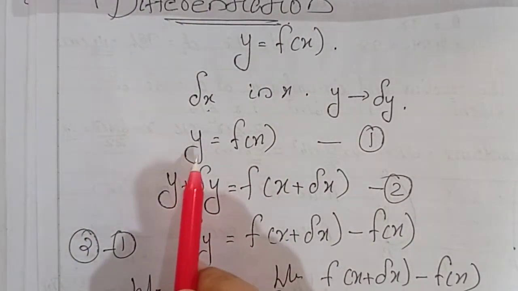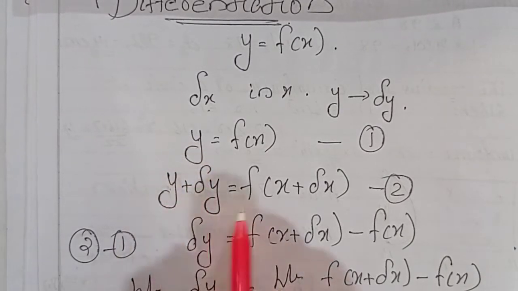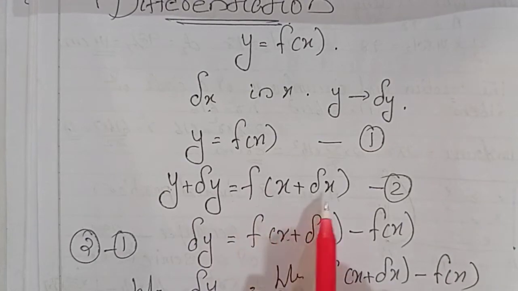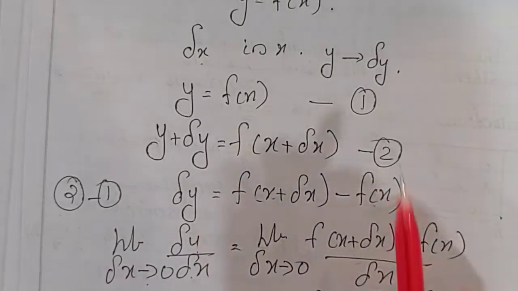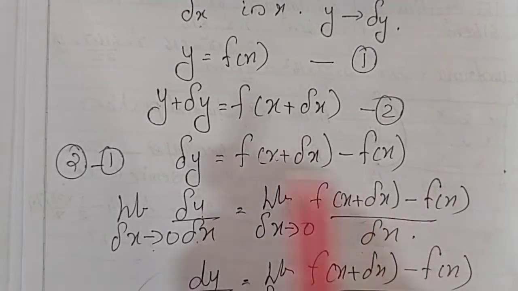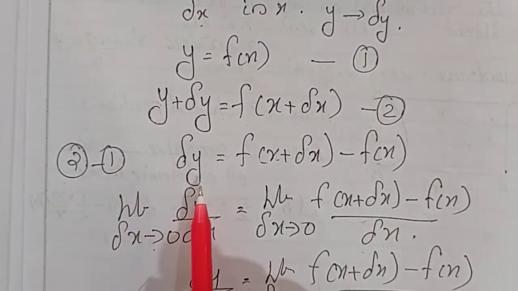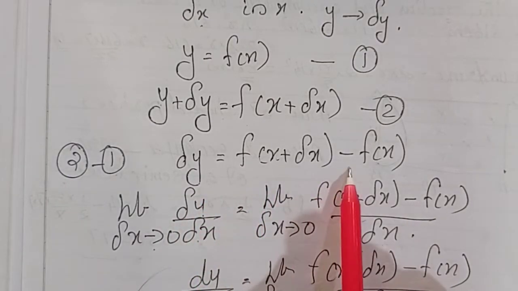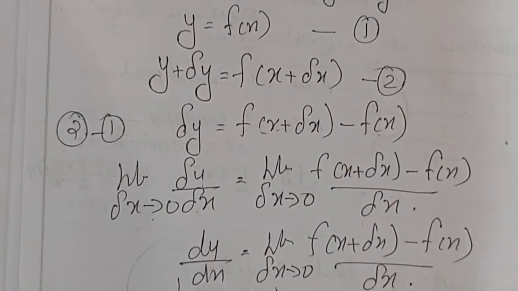Therefore, y plus delta y is equal to f of x plus delta x. We put that as equation 1 and 2. I already explained all this. Then second minus first gives delta y equal to f of x plus delta x minus f of x.